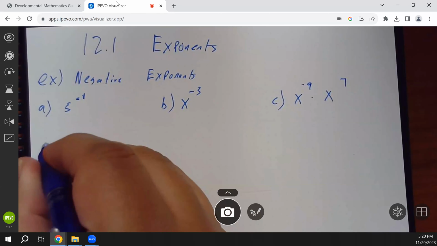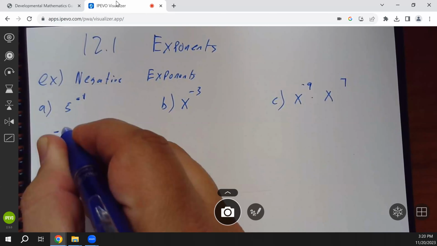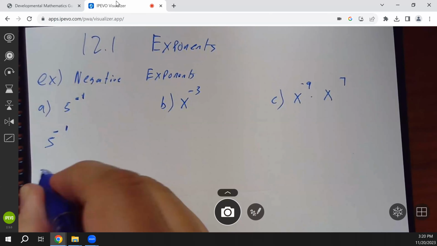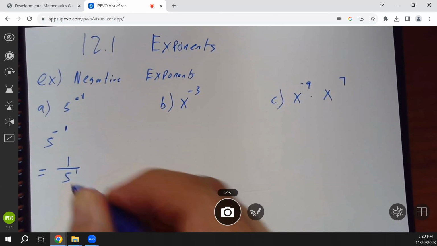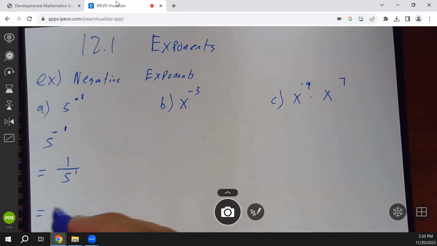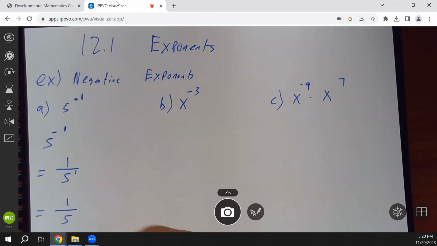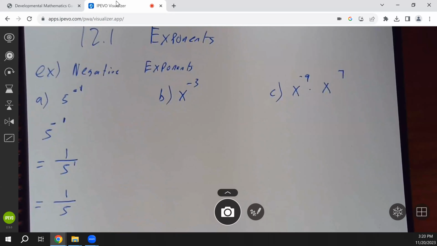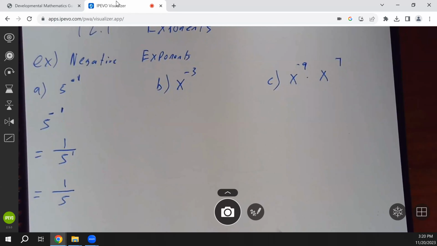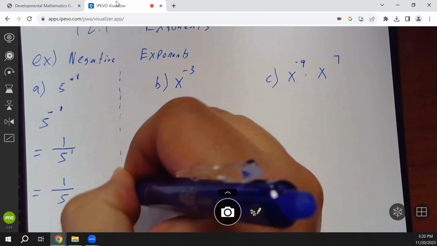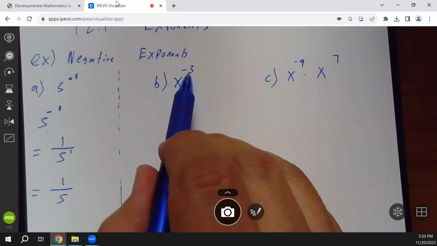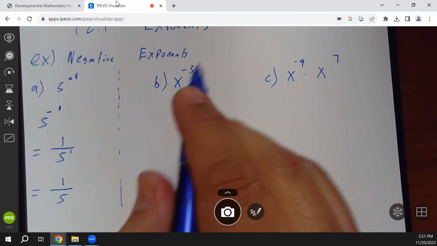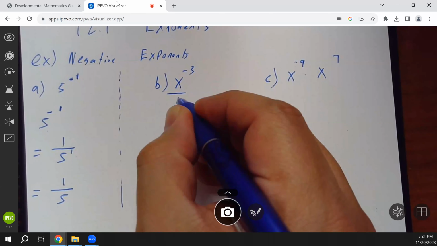So 5 to the negative 1. All I'm saying is bring it to the bottom, make it a positive 1. But you don't have to write the 1, so it's going to be 1/5. Right? That makes sense? Just picture like a 1 down here. Same thing here. Well, there's a negative. So just picture a 1. It's technically always there.